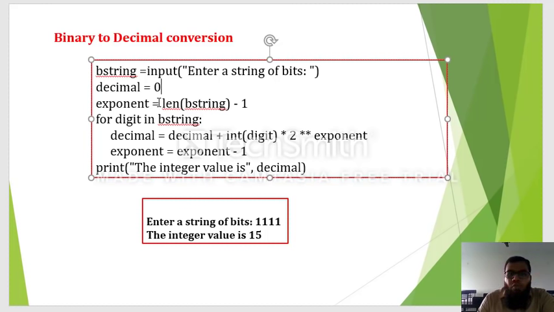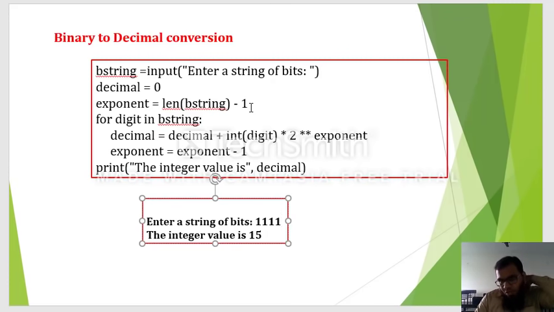Here I need to traverse the length of b string minus 1. That means I need to travel from the right hand side, because the calculation will always be done from the right hand side: 2 power 0 into 1, 2 power 1 into some number, 2 power 2 into some number. So that's why I need to use the length of b string minus 1.